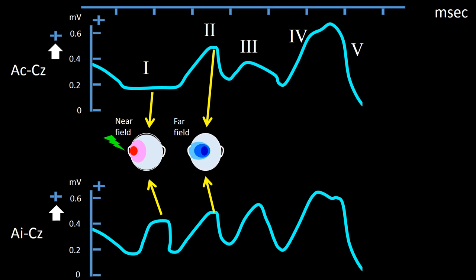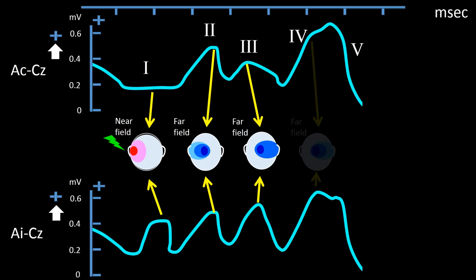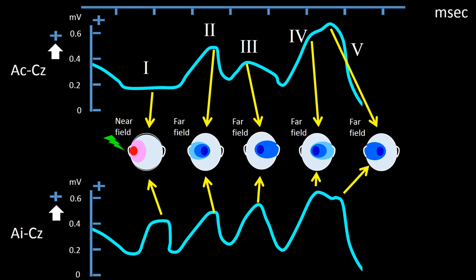Wave 2, wave 3, 4, and 5 are said primarily to result from far fields, yet they do not conform to all the criteria required to define them as far field. Only wave 1 greatly changes with minimal changes in position of the exploring electrodes.